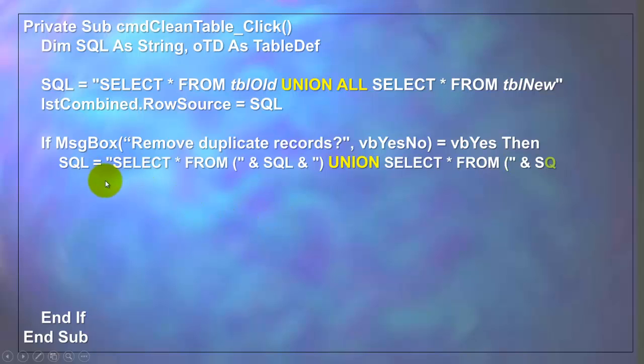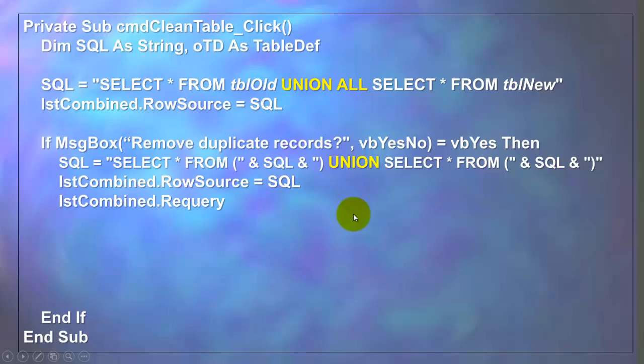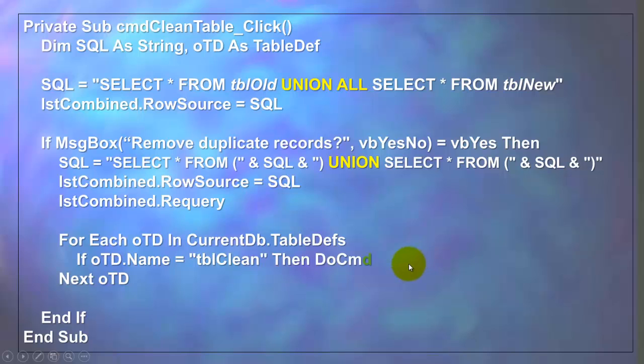So this time we need the union statement, not union all. Put that in list combined. We have to requery the list box. We check through all the tables whether there is already a table clean.